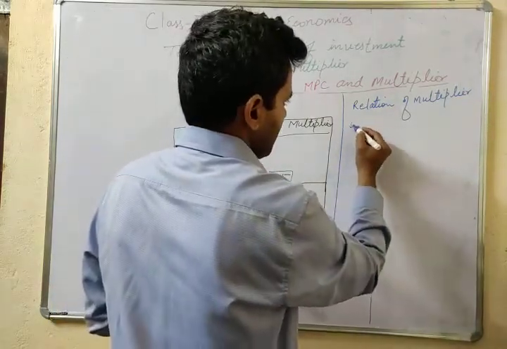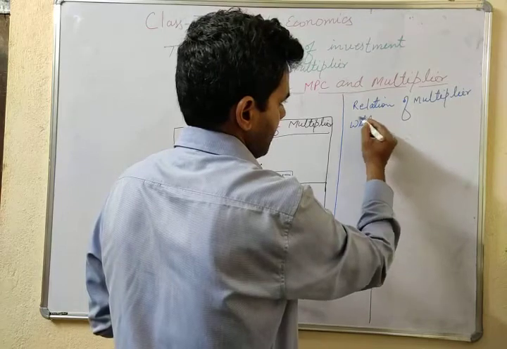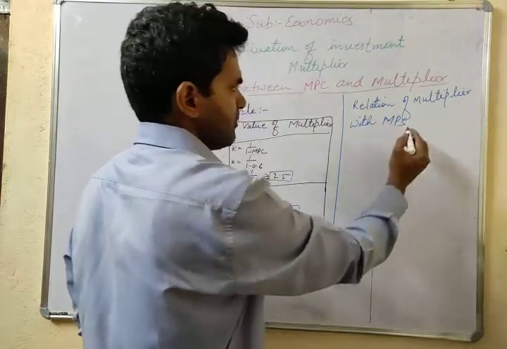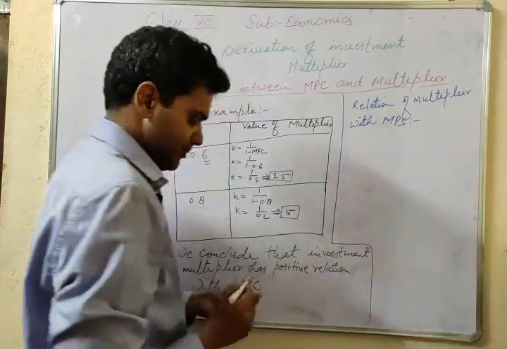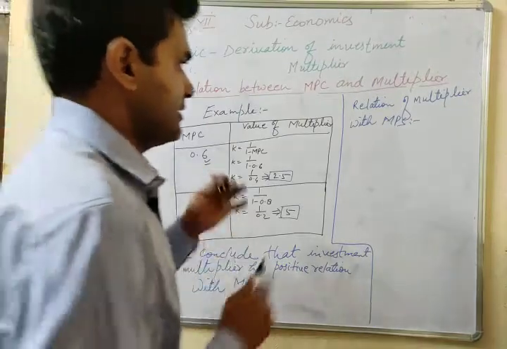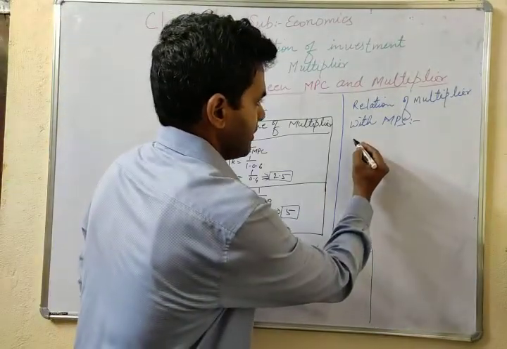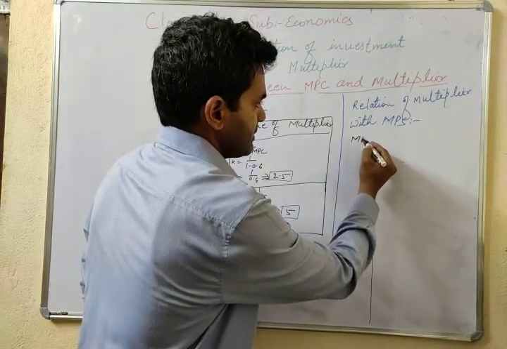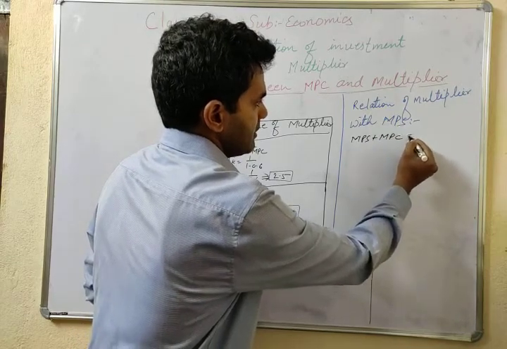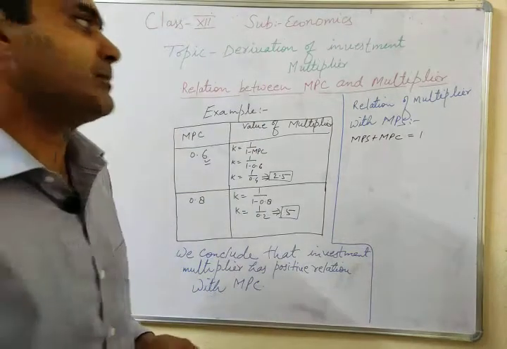Relation of multiplier with MPS. MPS means marginal propensity to save. Now try to understand that we know that MPS plus MPC is always equal to 1.